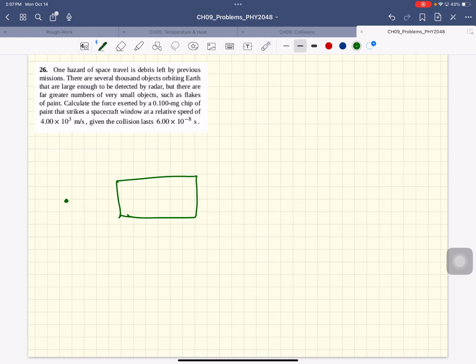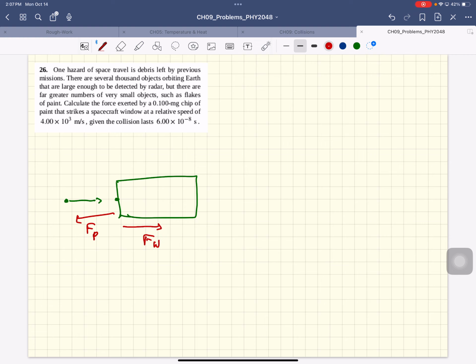So there's a small object, and it's stopped by, it doesn't explicitly say that, but we'll say it's stopped by the window. To stop it, the force exerted on the speck was in this direction. So the force exerted on the paint was this, and the reaction force on the window was that.